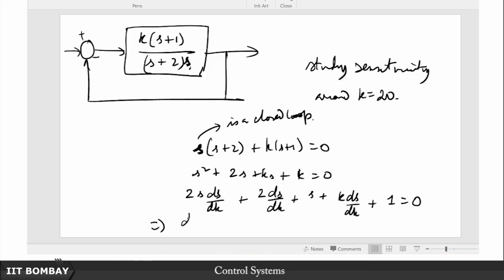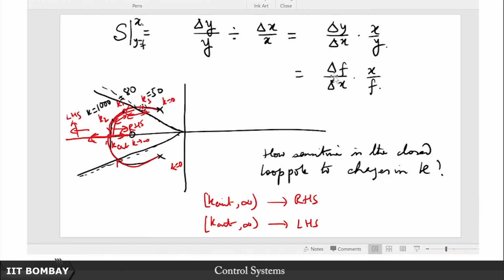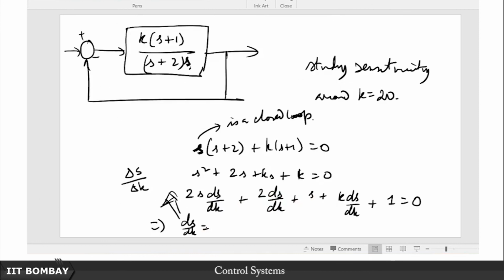So from this I get that ds/dk, which is basically a proxy for delta s upon delta k, which is nothing but delta f by delta x, is going to be given by, if I am not mistaken, minus of s plus 1 divided by 2s plus 2 plus k. Please check this, I am not sure about the calculations, I am doing it in a hurry, but you should be able to convince yourself that this is correct.